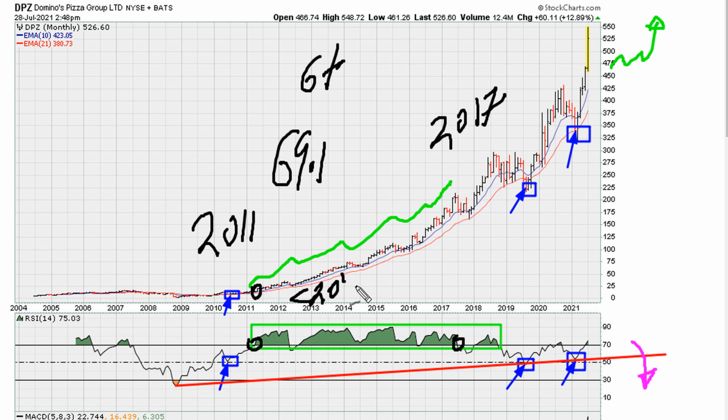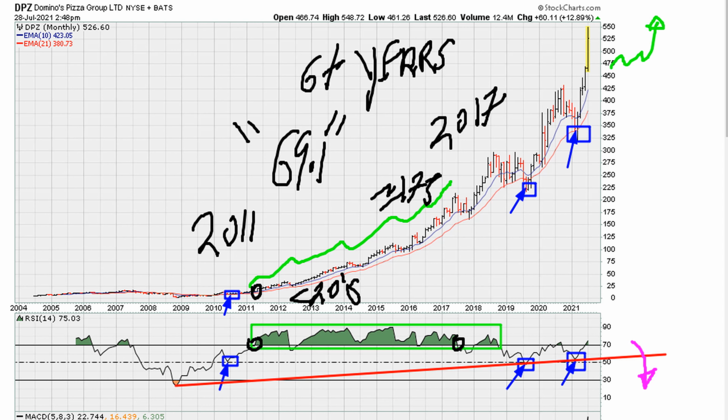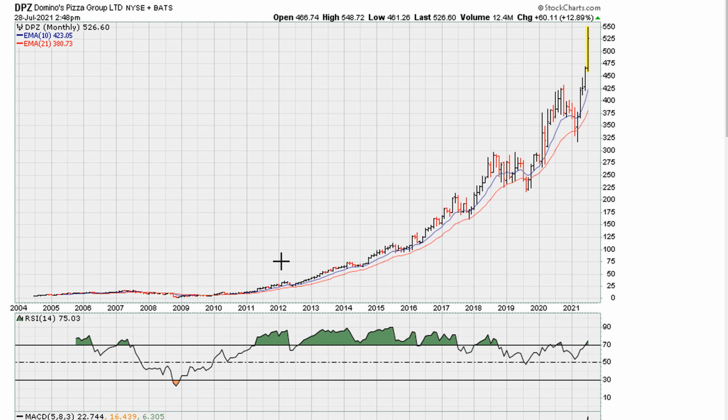We're talking of a move in the lower 20s to about 175-ish. In 6 years. For institutions, a perfect moving, powerful instrument. All because the RSI remained above 69.1 for 6 years plus. But that is just a side note.